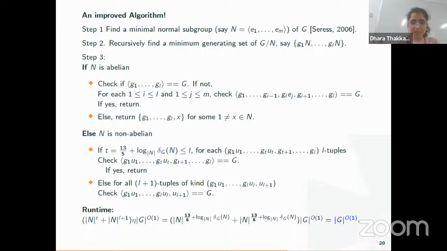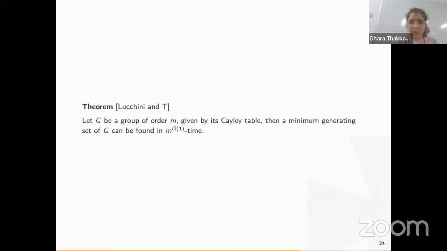Recursively, we assume that we have a minimum generating set for the quotient group, and the step is that we can lift this generating set of the quotient to a minimum generating set for the group. So that is the polynomial time algorithm result.